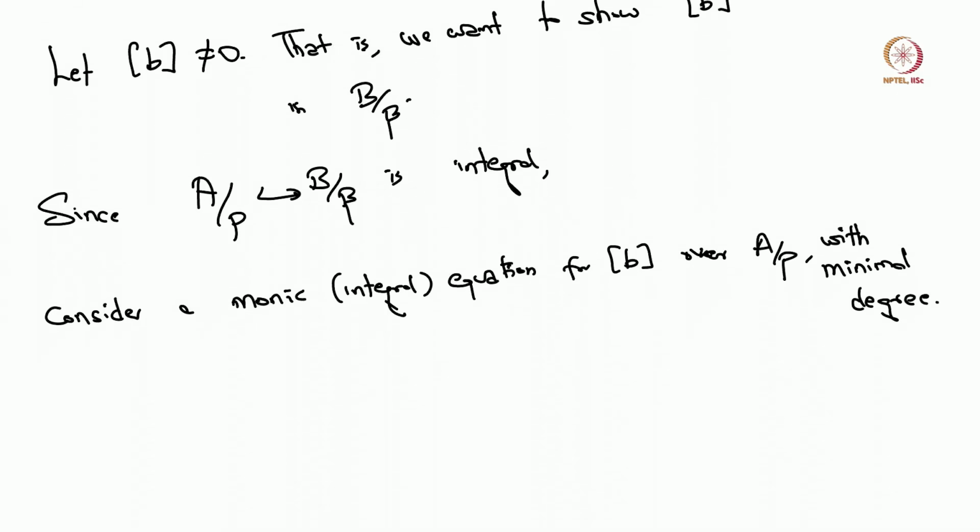Okay, so let's say it's of the form bracket B to the n, plus a_{n-1} bracket B to the n minus 1, and so on.